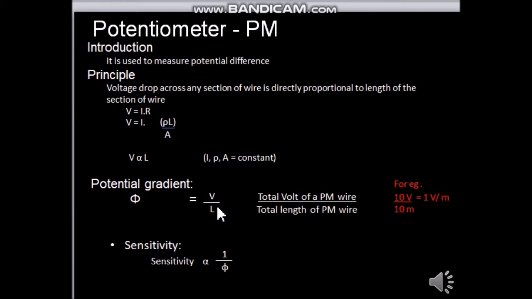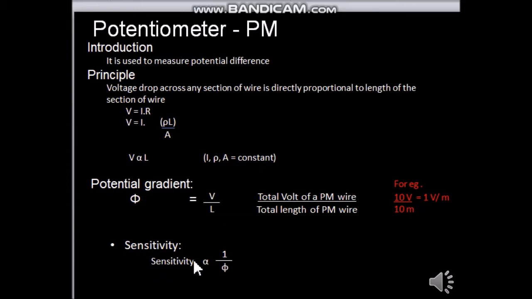Now second term is sensitivity. How do we decide which of two potentiometers is more sensitive? Sensitivity is inversely proportional to potential gradient. The less the potential gradient value read by any potentiometer, the more sensitive that potentiometer is.